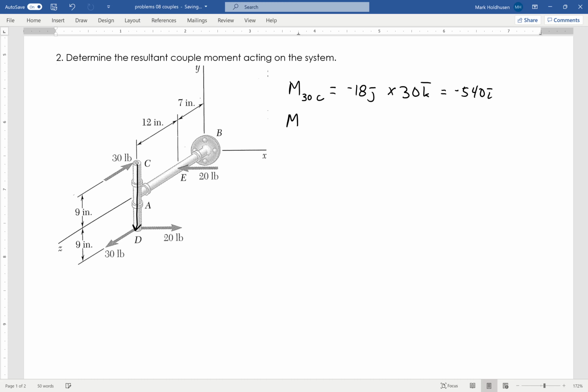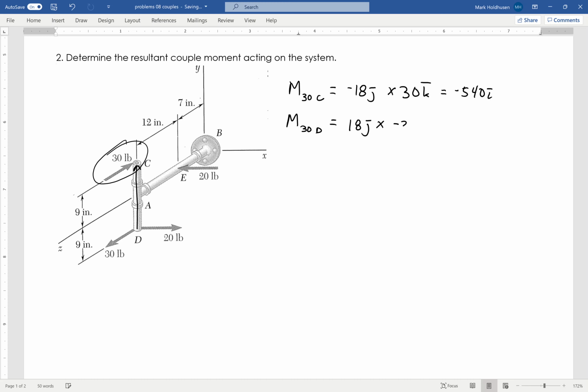Similarly, I can sum the moments of 30 about D. And what happens here is now all of a sudden my R vector flips. It goes from D up to C. So now my j is a positive j. But now my F on this one is this top F, which is pointing in the negative z direction.